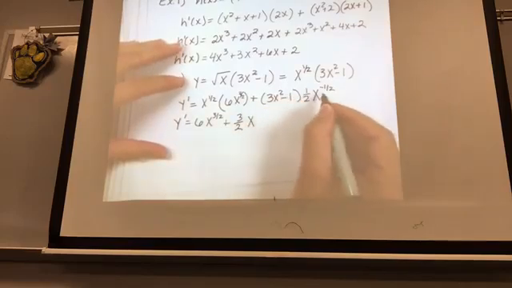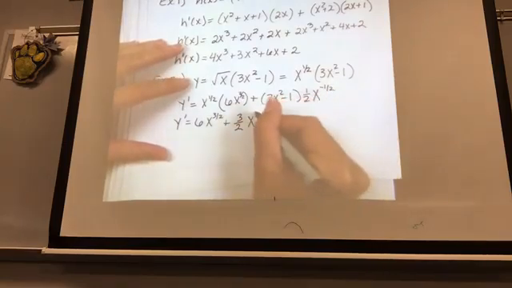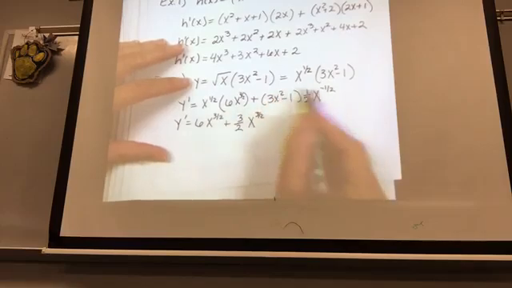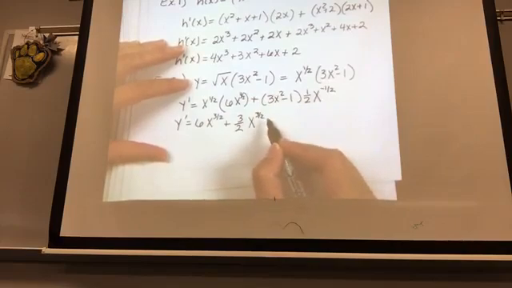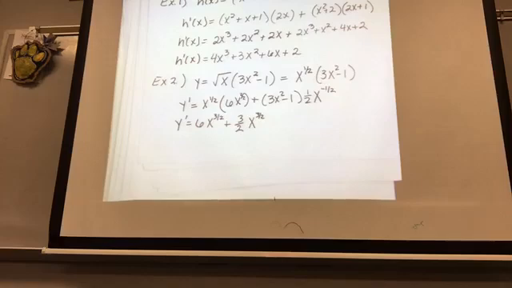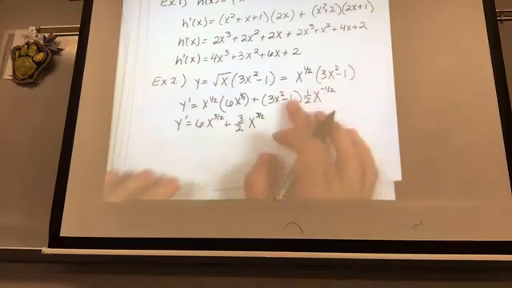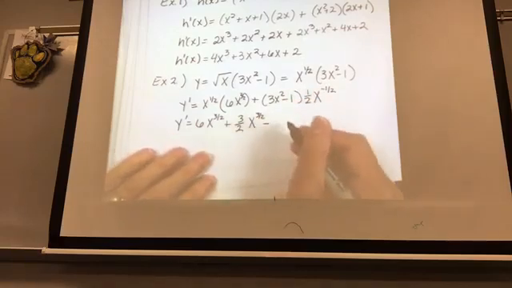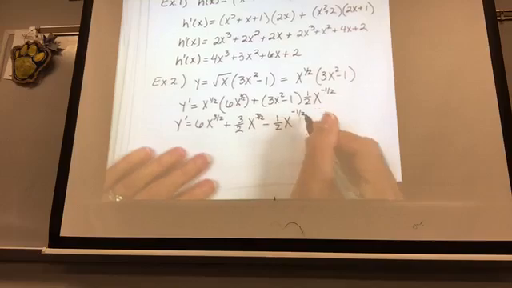What is 2 plus 1/2? Negative 3, or no, 3/2. 3/2. Yeah. That one we can see 2 minus 1/2 is 3/2, 1.5. And then now anything times 1 is itself, but it is negative. So minus 1/2 x to the negative 1/2.